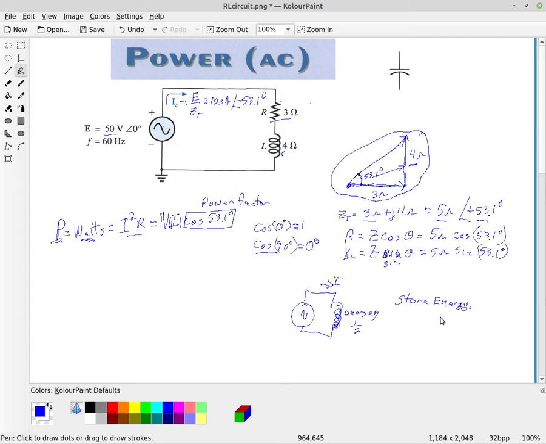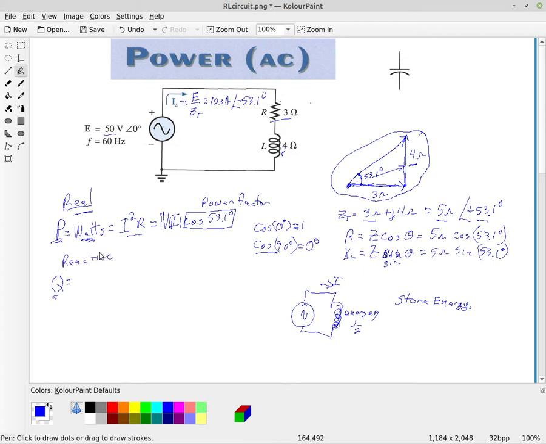So when we store energy, we're going to use another symbol, Q. We have P and Q. I think they just used that one because it was next in the alphabet. P is real power, that's the power we're using. Q is what we call reactive power.